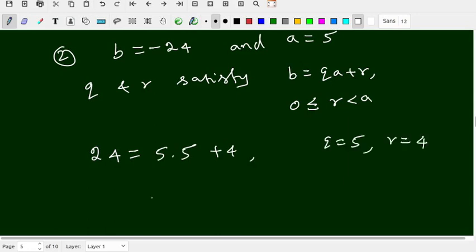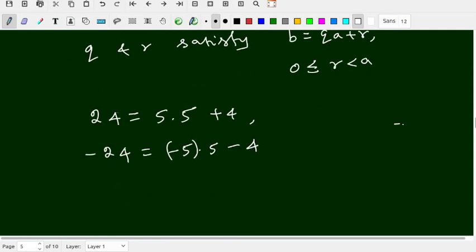If I multiply minus 1 throughout this equation, we have minus 24 equal to minus 5 times 5, so in the place of Q we have minus 5 here. Minus 4, in the place of R I have minus 4.